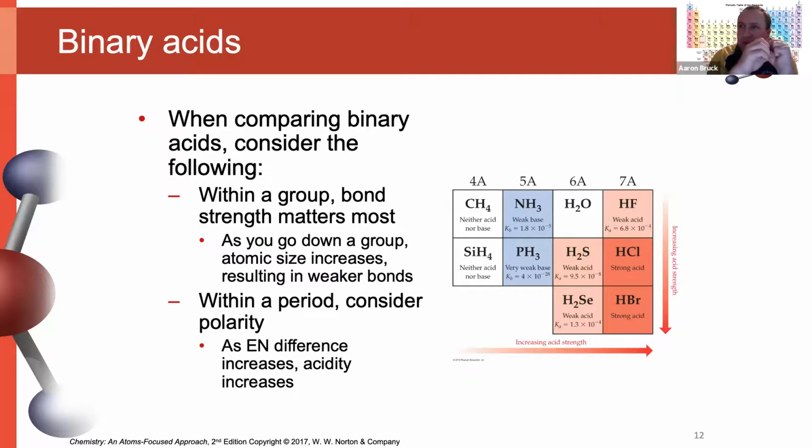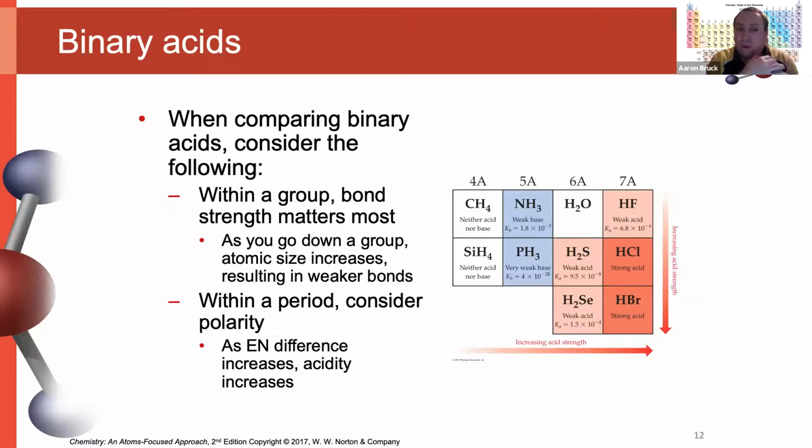But as we go down the group, the atom that is bonded to the hydrogen gets bigger and bigger. And if you remember from Chem 105, the bigger those atoms get, the greater the distance between the nuclei, the weaker the bond ends up being. And so as those atoms get bigger, the strength of that bond gets lesser and lesser, and the strength of the acid goes up as a result.